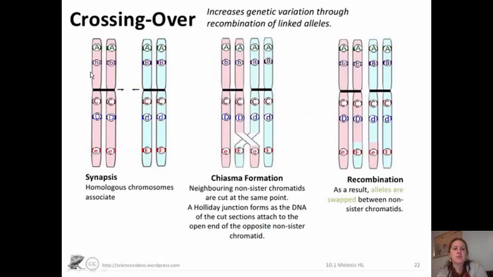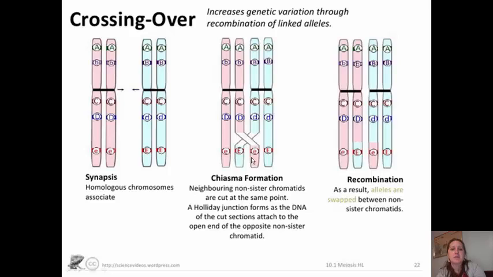So when the two homologous chromosomes join together, that's through synapsis, when they associate with each other. So then they form their little pair, their little buddies now. And then we'll have the crossing over. This crossing is actually called a chiasma. This is when neighboring non-sister chromatids, so the sister chromatid from the pink side and the sister chromatid from the blue side, are able to cross.